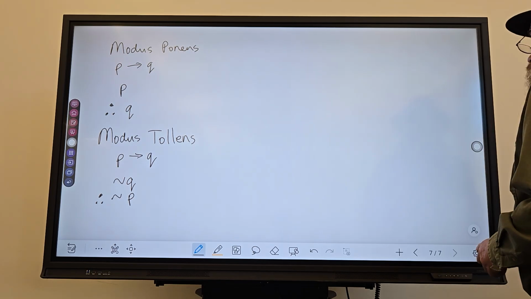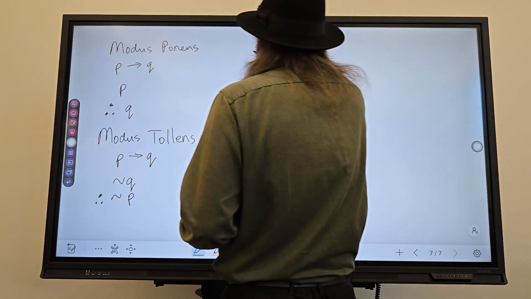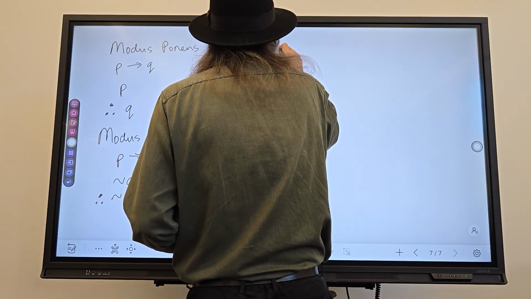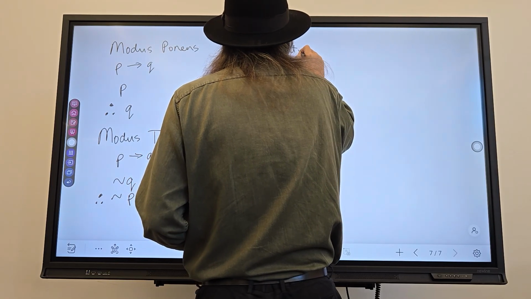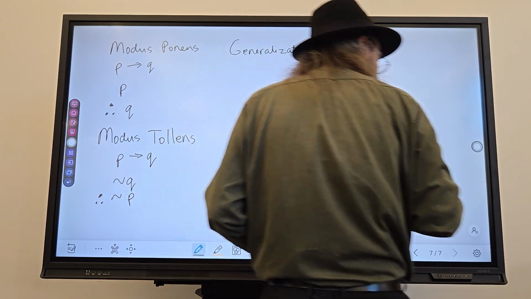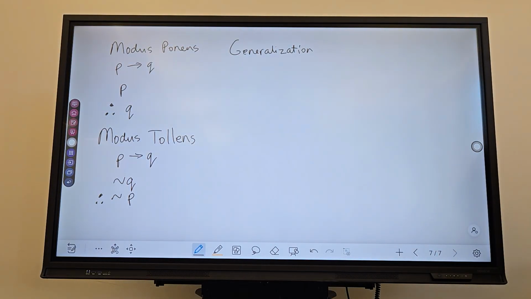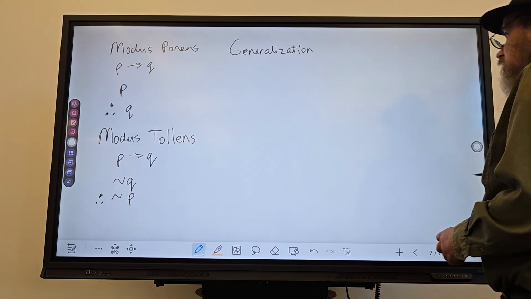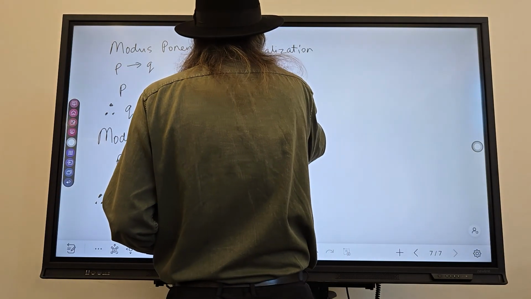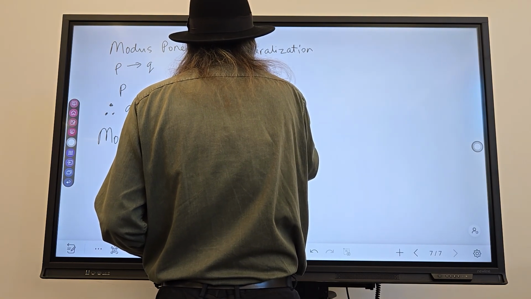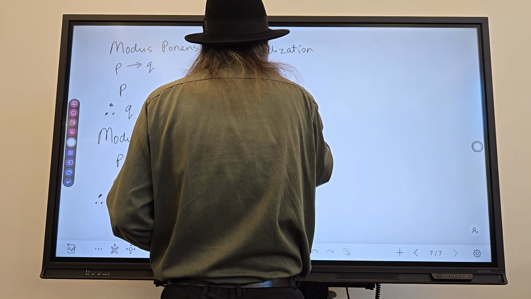Generalization. Generalization has two forms. Just P is true, therefore P or Q is true.